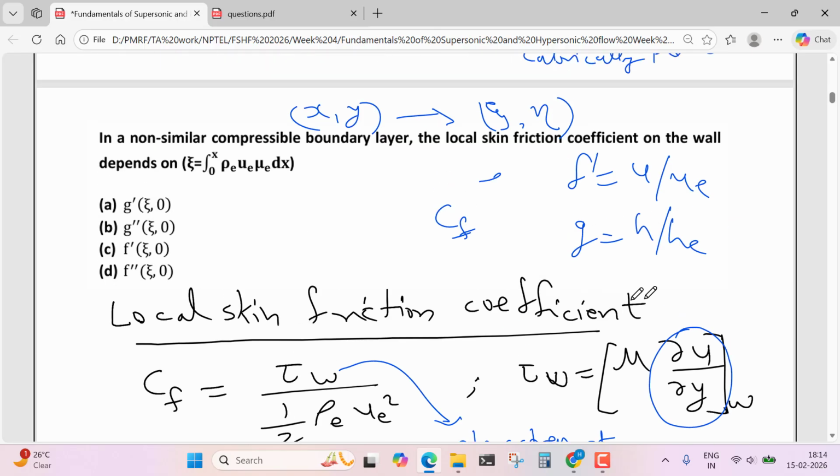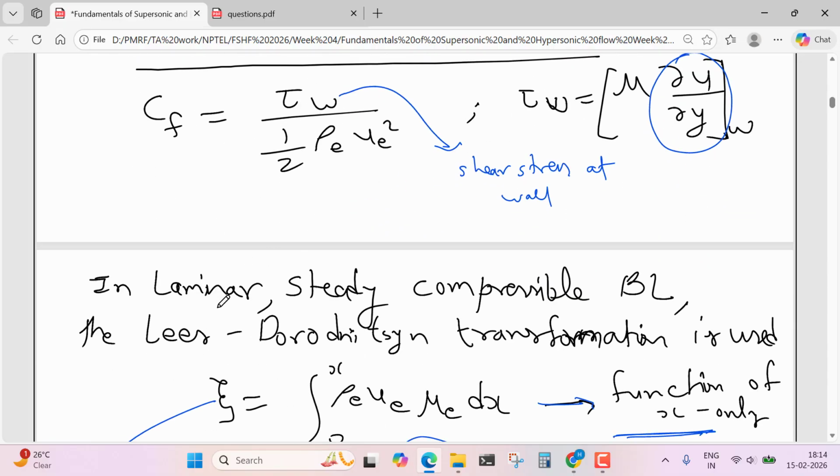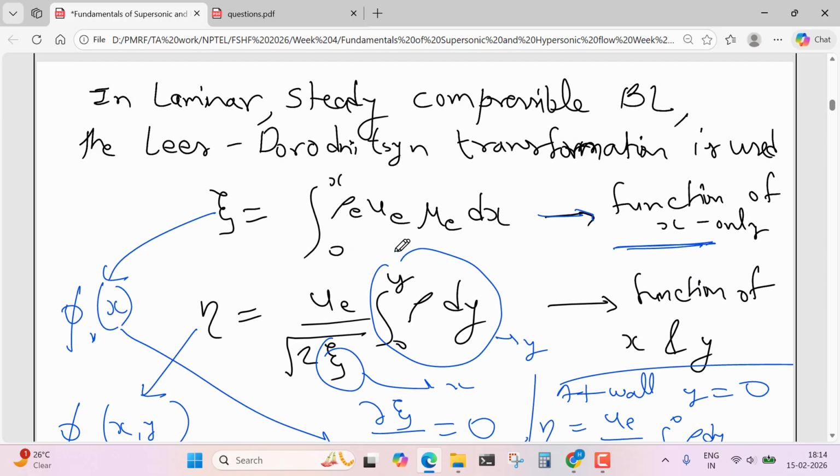So first, for finding this, we have to do the transformation from x, y to xi, eta. In a laminar steady compressible boundary layer, the Levy-Dorodnitsyn transformation is used, which is given by xi equal to integration 0 to x of rho e mu e ue dx.